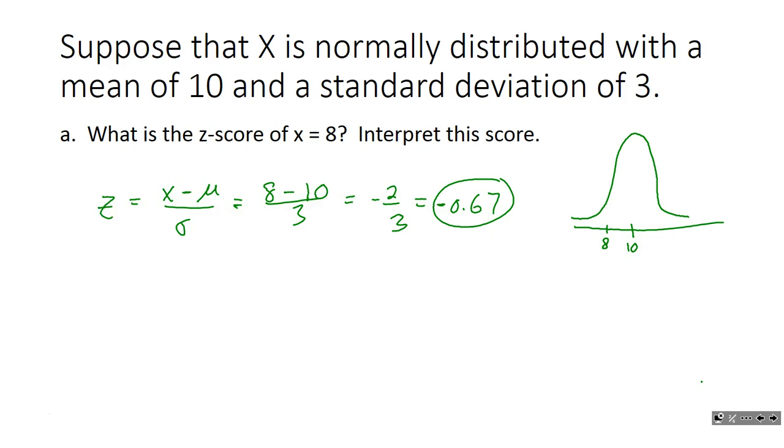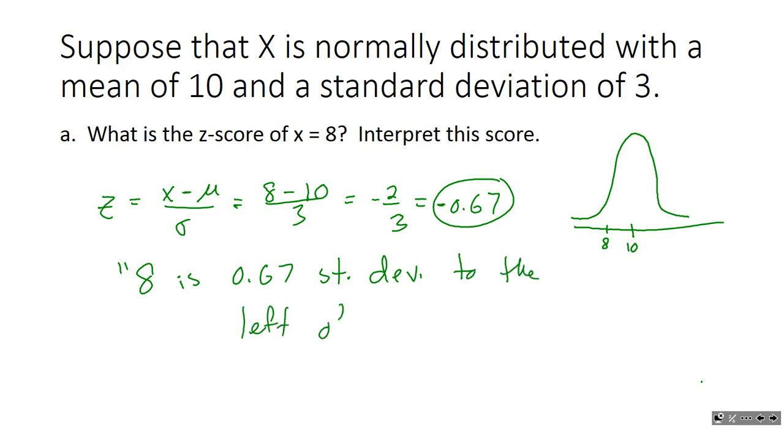Now, what does it mean? Well, if you look at the picture, you see that 8 is to the left of the mean 10. When it's to the left, you'll always get a negative z-score. If it had been to the right, you would have gotten a positive z-score. So we would say here that 8 is 0.67 standard deviations to the left of the mean.